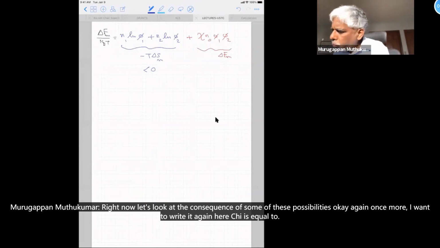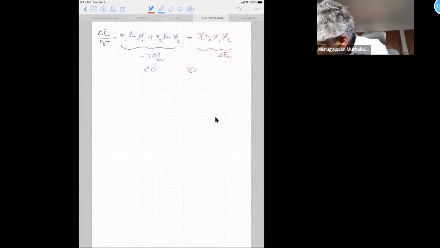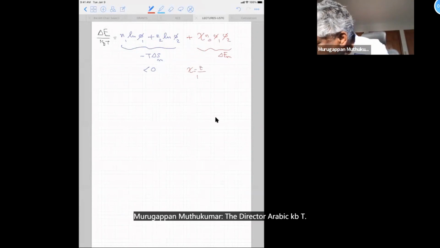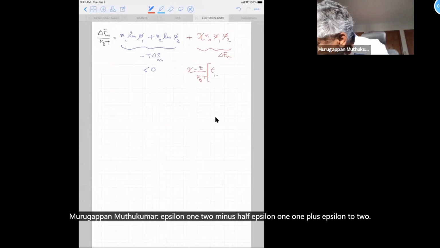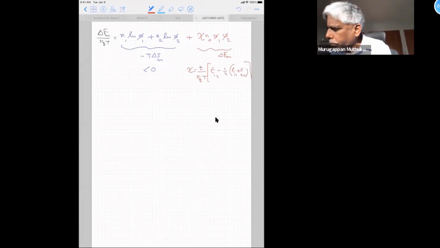Once more, I want to write it again here. Chi is equal to Z divided by kT times epsilon 1,2 minus half of epsilon 1,1 plus epsilon 2,2.